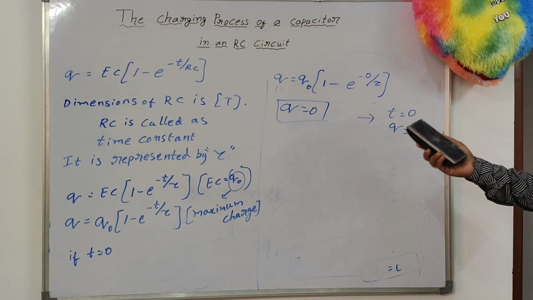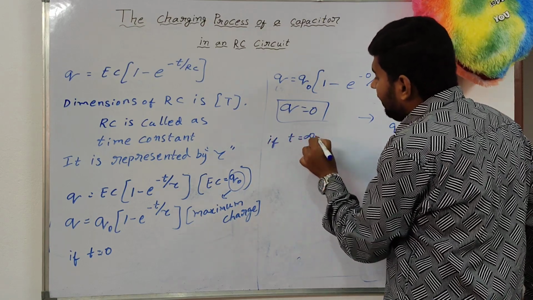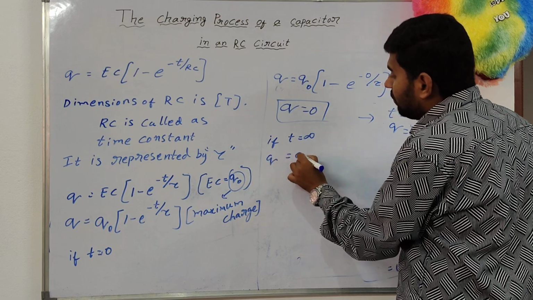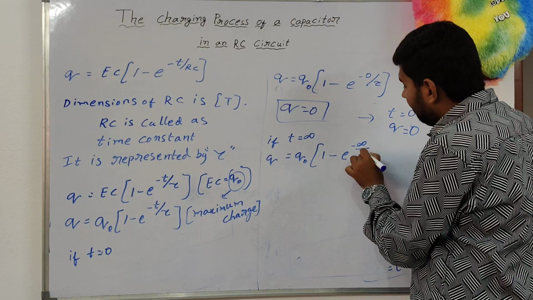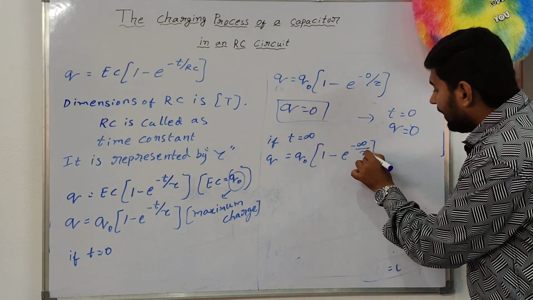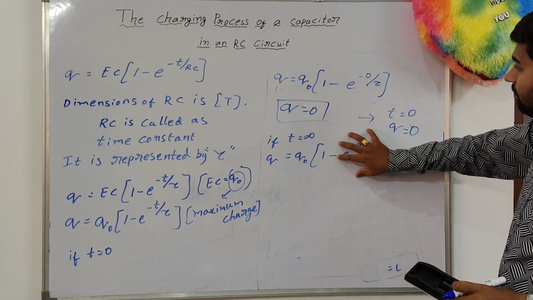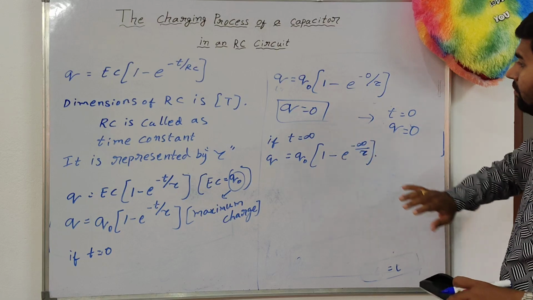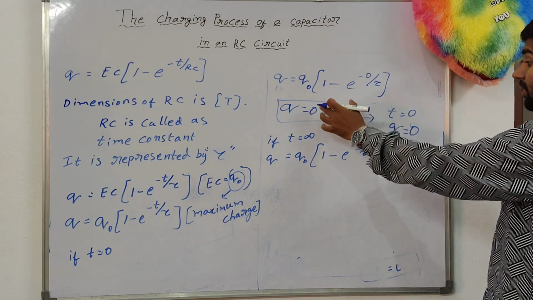Is that clear? Suppose t is equal to infinity. What will happen? Q is equal to Q naught into 1 minus e power minus infinity by tau. Now, e power minus infinity, what is the value? Just remember, e power 0 is equal to 1.